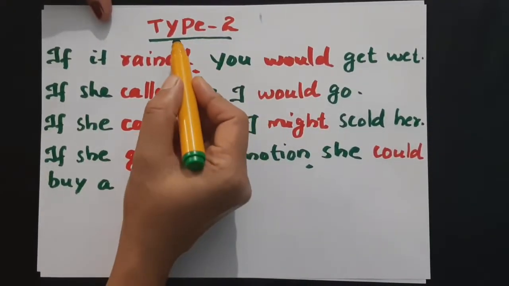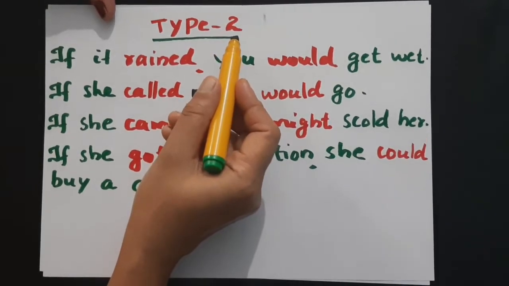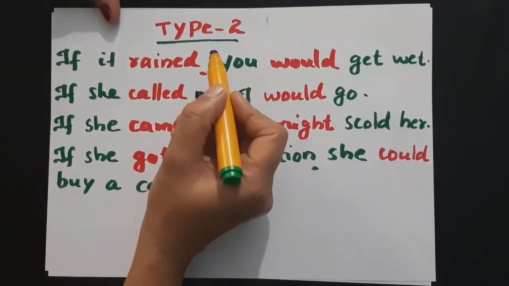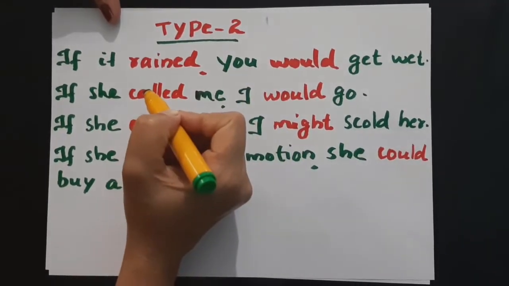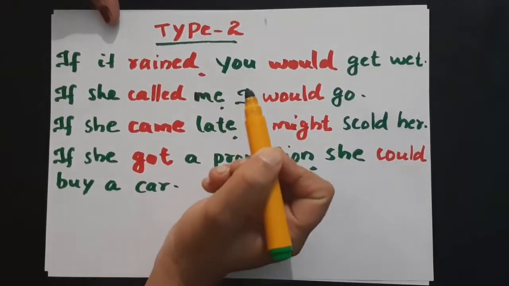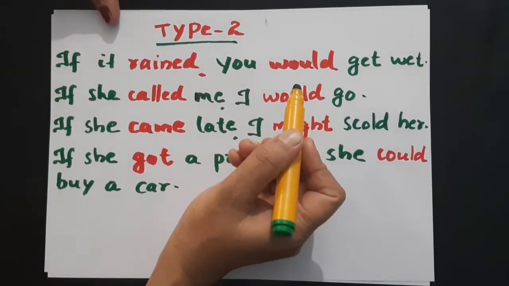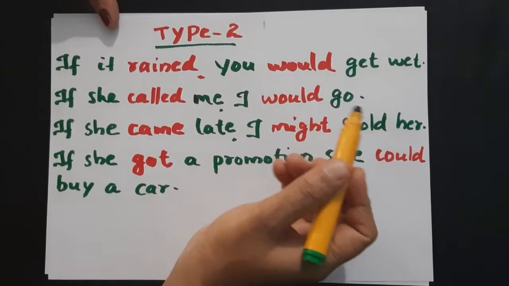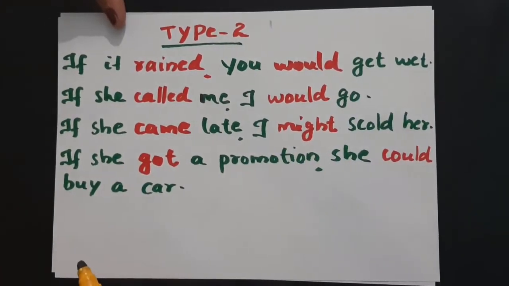Next up is type 2 conditionals. Type 2 conditionals are facts that are unlikely to happen, or they describe some imaginary conditions.